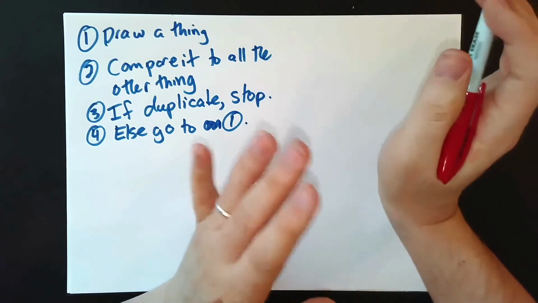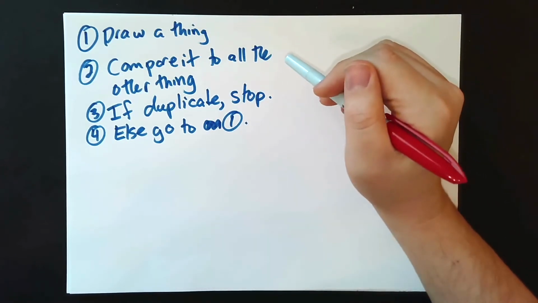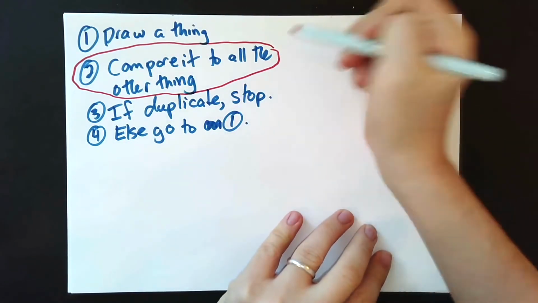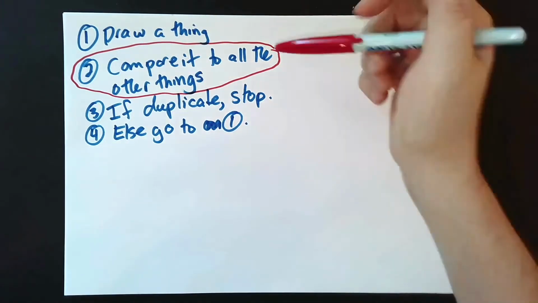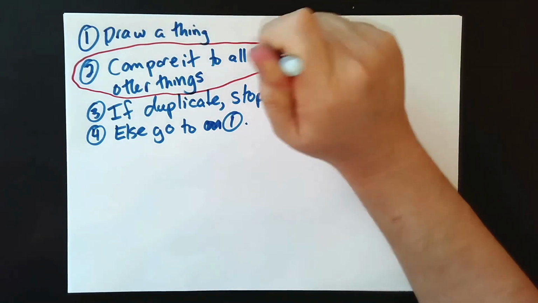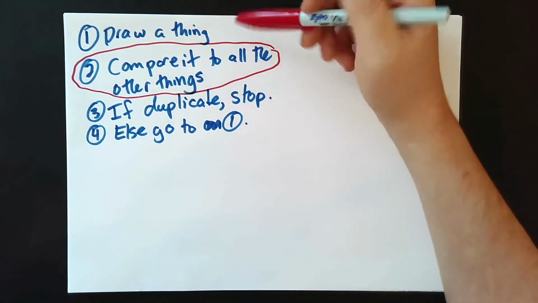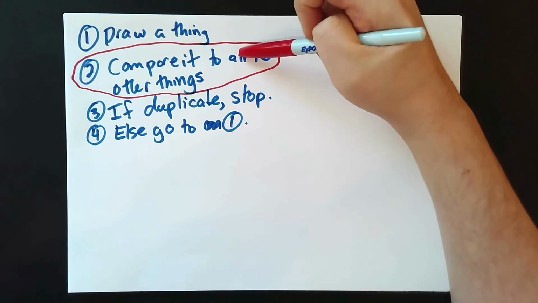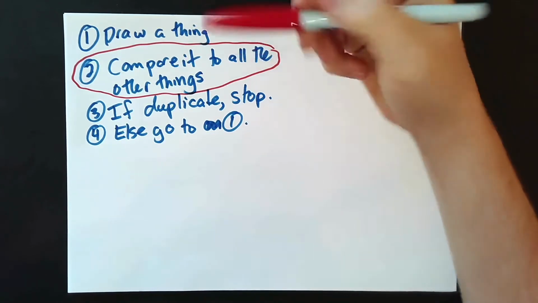No problem so far. The problem is hidden in step 2. Namely, the longer this takes, the longer this step is going to take, because comparing it to each of the other things requires one comparison for each other thing.